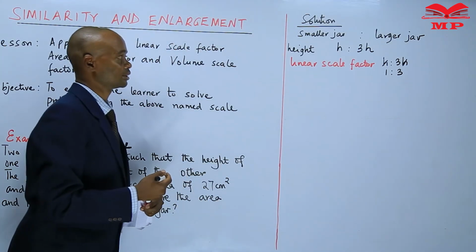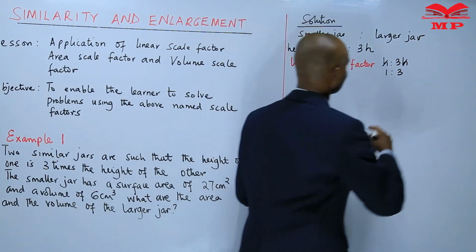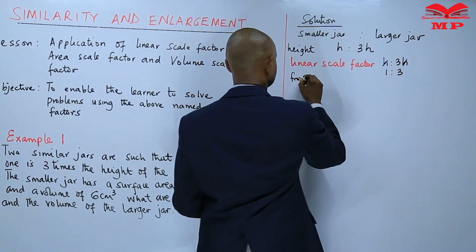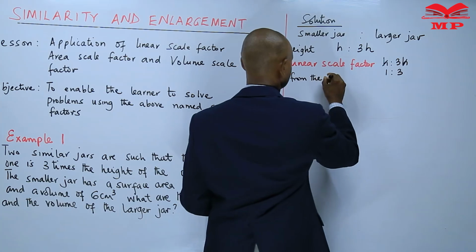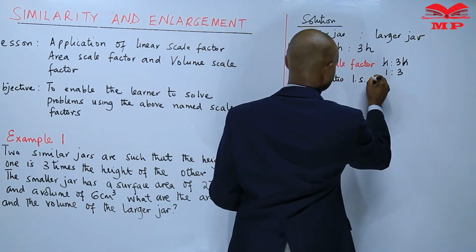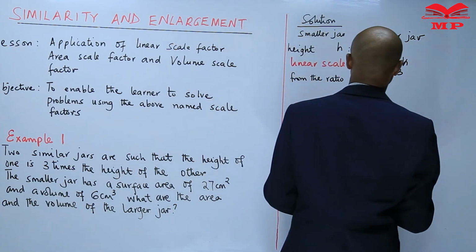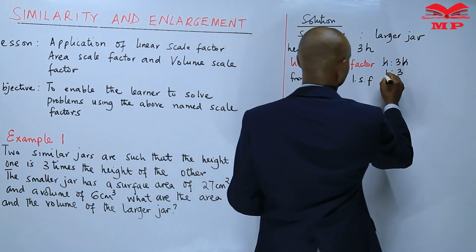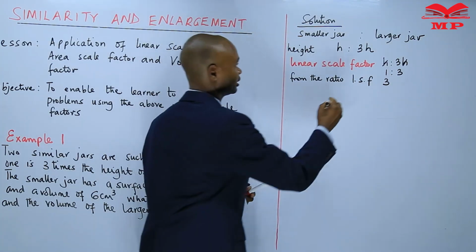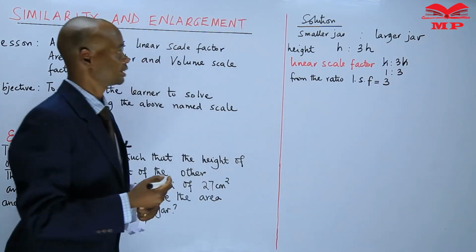So when you have that ratio, the linear scale factor will be 3. When you are comparing the two jars, the linear scale factor will be 3.